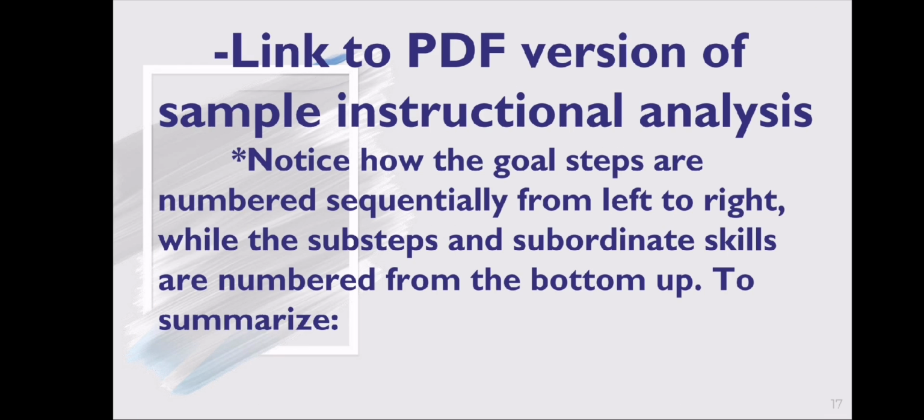Link to PDF version of sample instructional analysis was being written on the references. Notice how the goal steps are numbered sequentially from left to right, while the substeps and subordinate skills are numbered from the bottom up.